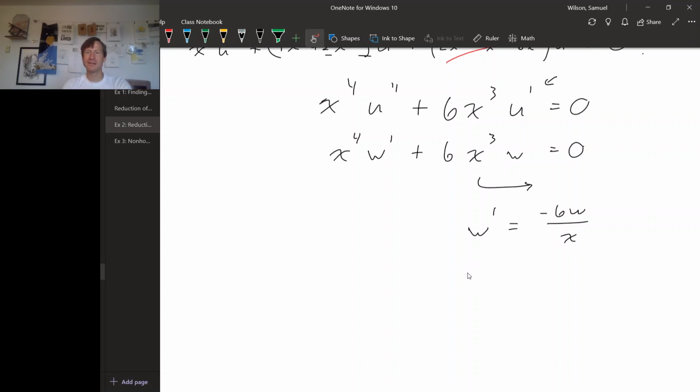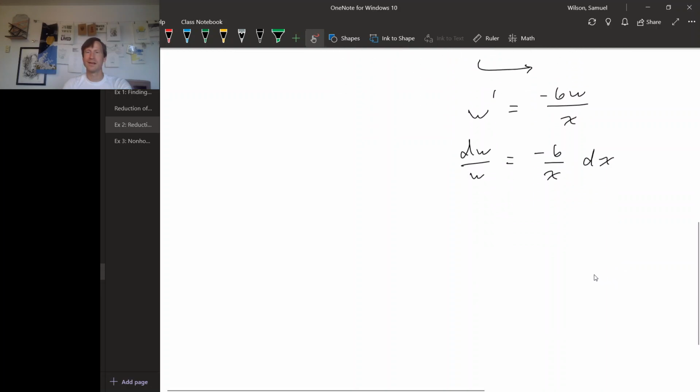Then separate: dw over w is equal to minus 6 over x dx. Now we can integrate. The natural log of w is equal to minus 6 natural log absolute value x plus a constant.